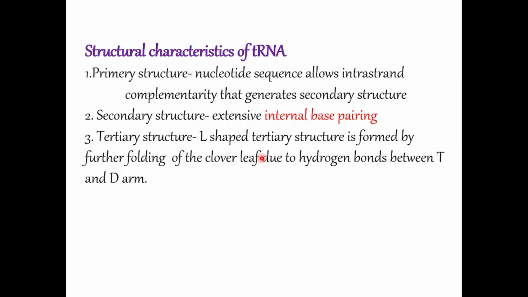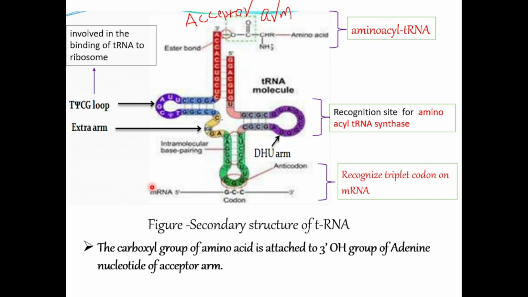When that secondary structure is folded, it forms the tertiary structure. It looks like a clover leaf due to hydrogen bonds between the T and D loops. So it forms the tertiary structure.